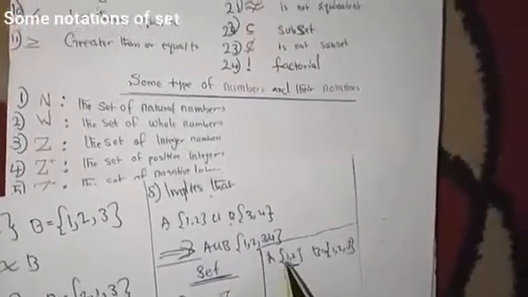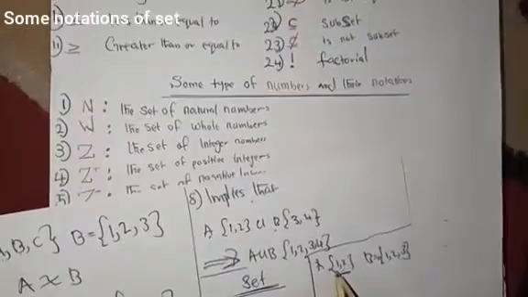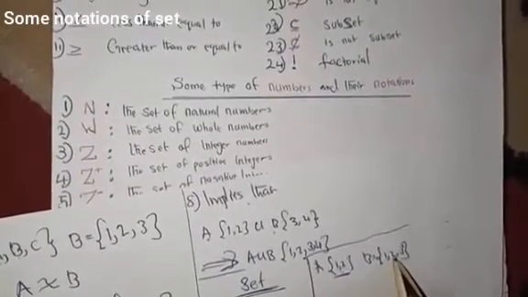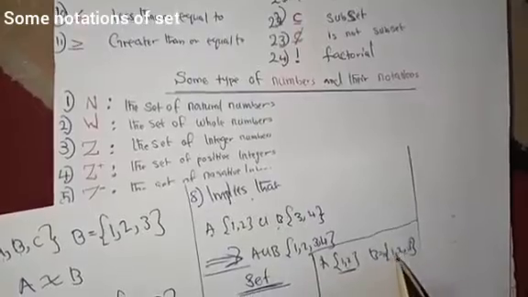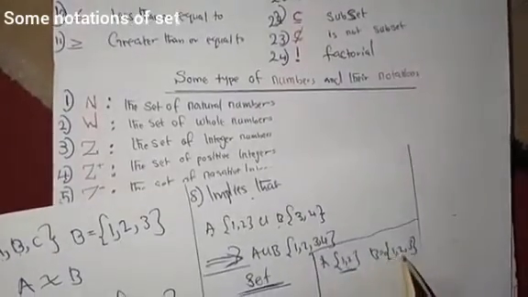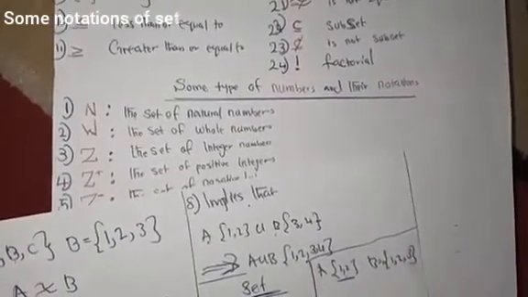Here we have 1, 2, and here we have 1, 2, 3. So set A can fit into set B, and we can say A is a subset of set B. That's what we refer to by subset.